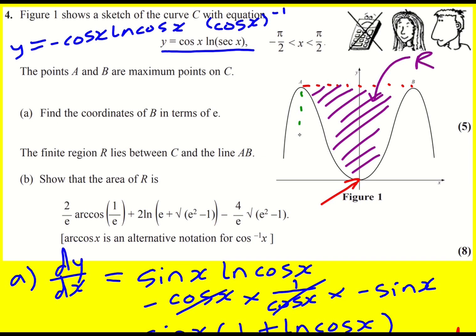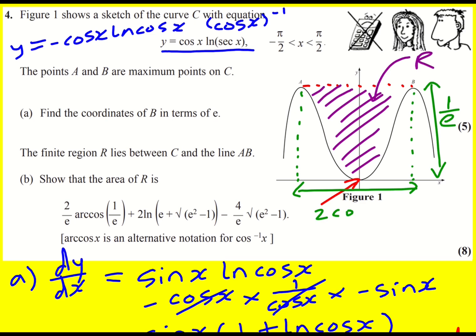What we know is essentially we have a box, a rectangle, and remember the height, that was our value of y for the b, that was 1 over e, and this distance here, well, here to here, remember, was inverse cos of 1 over e.